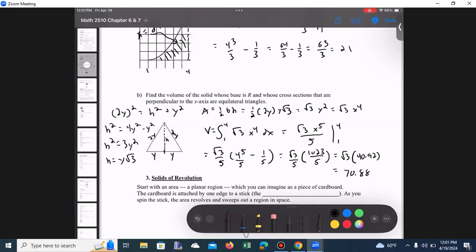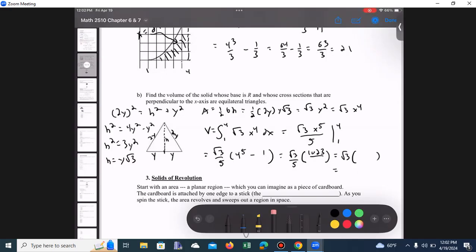One second here. You know what? I made a little slight error. So I pulled that 5 out, but then I had the 5 divided here. If I pulled the 5 out, I don't want to divide by the 5. We have a 5 that we shouldn't be dividing by. So we just multiply this by 5. Do this again.